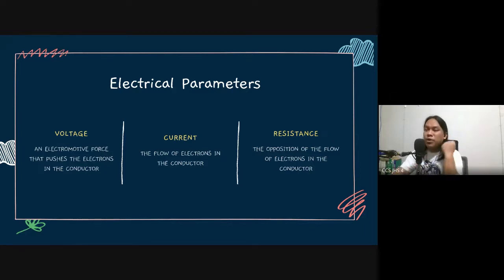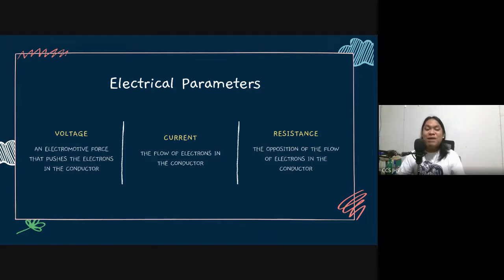So our electrical parameters, number one, we have the voltage. When we say voltage, this is also known as electromotive force that pushes the electrons into the conductor. So it is the force. Without the voltage or the electromotive force, our electrons won't be able to move or to flow into the conductor.